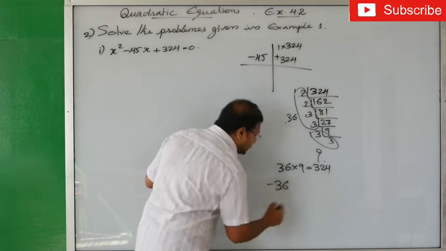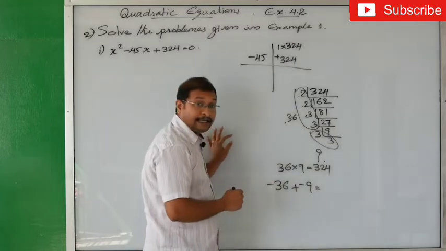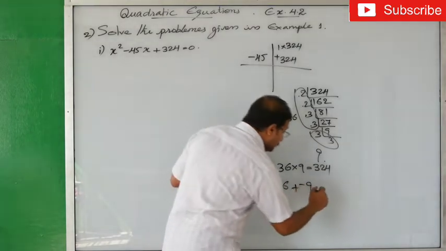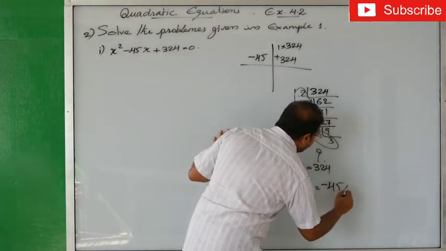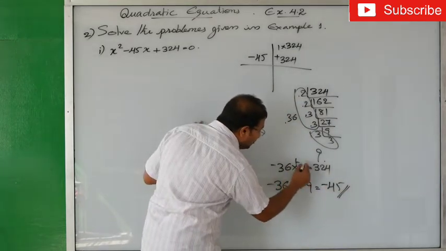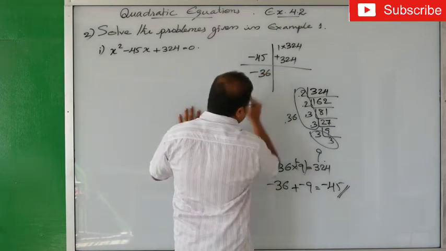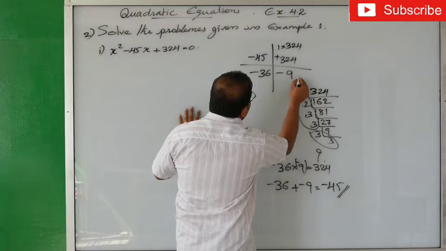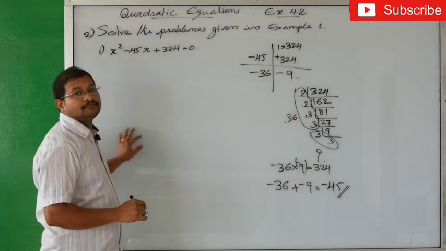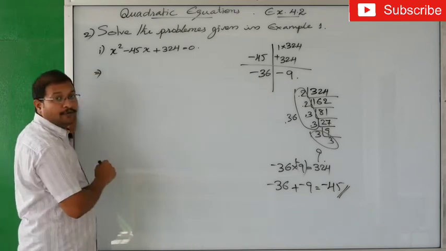Minus 36 plus minus 9. We will get, yes, minus 45. Ready? That means here both should be minus. Now the numbers are minus 36 and minus 9. Is it okay? That means this implies what you'll do?